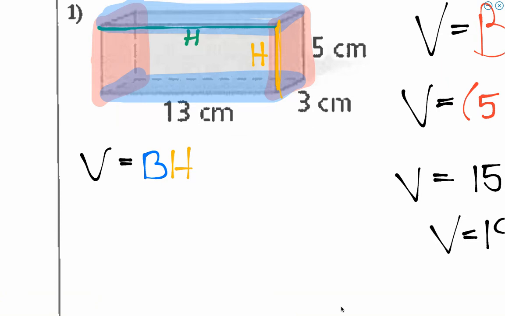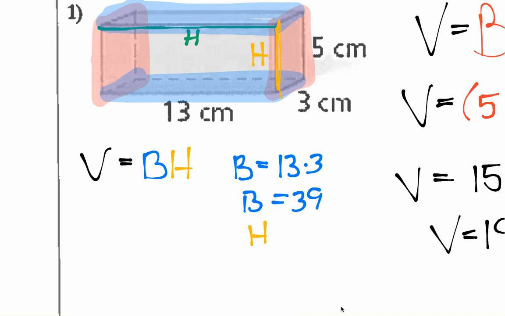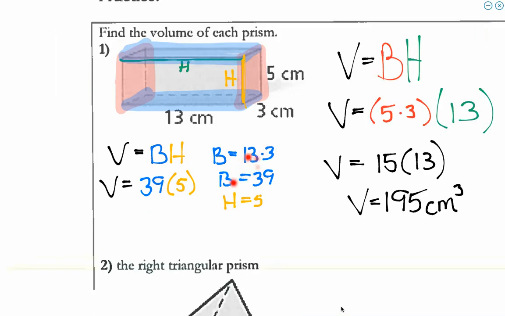Also, feel free to go to the side and say B equals 3 times 13. So B equals 39. Height equals 5. And then come back to your formula and plug in 39 times 5.